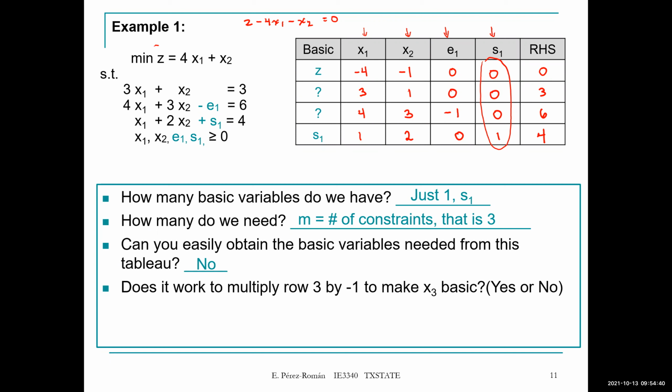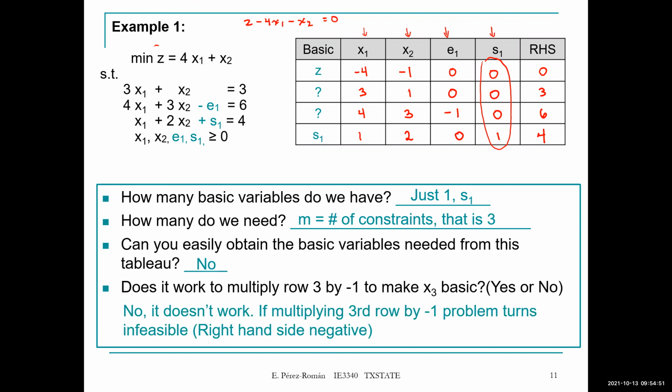Does it work to multiply row 3, this one, by -1 to make x3 a basic variable? No, it doesn't work. Multiplying the third row by -1 turns the problem infeasible, because this right-hand side will become negative.